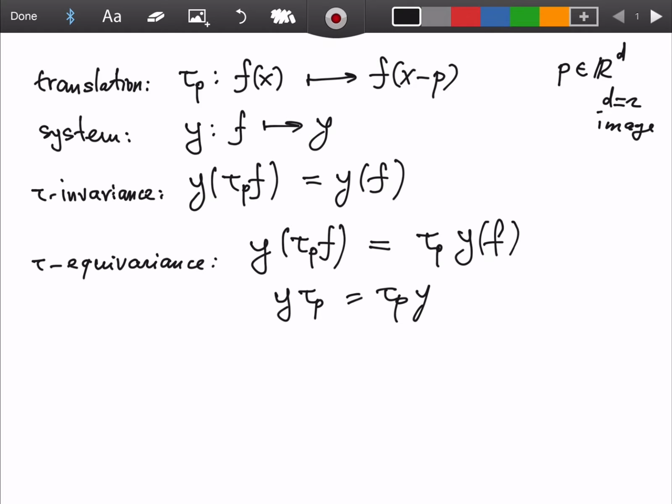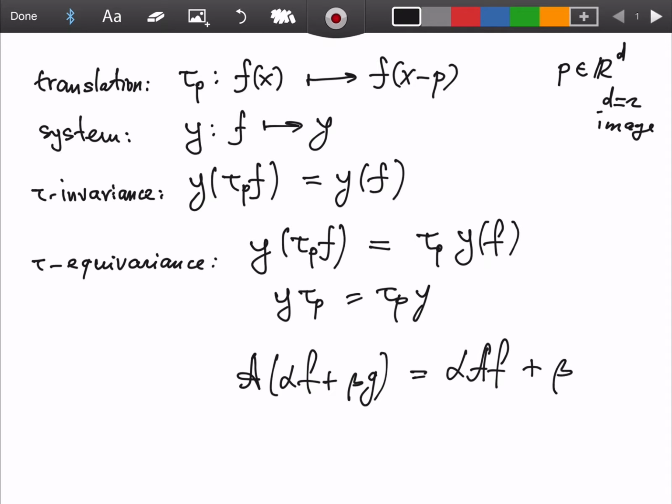So if I have a system A that I apply to alpha f plus beta g, I can write it like this. So this means linearity. Then we demanded this operation to commute with the translation operator. And as a result, we got this form of a Toeplitz operator that we called convolution. That was our building block.